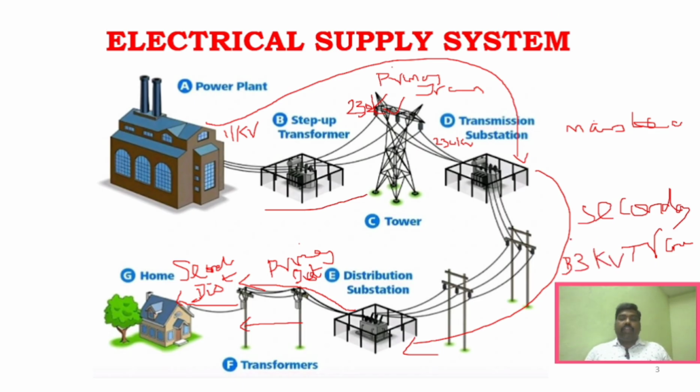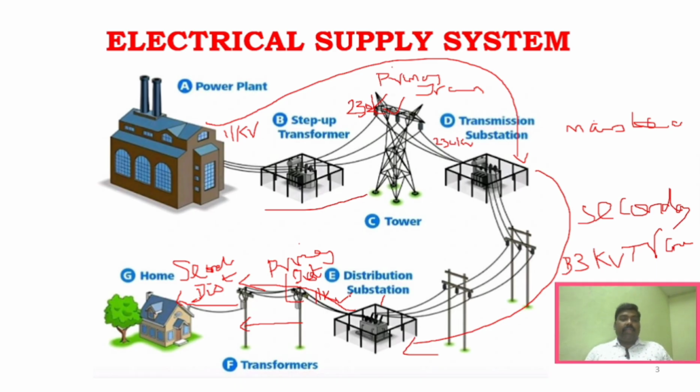Right? And this 33 kilovolt reaches the substation, and again here there will be a step down transformer which converts this 33 kilovolt into 11 kilovolt, right? When it reaches the primary distributors, it will be 11 kilovolt, and there will be a number of primary distributors connected, and then it is sent to the consumers, right? It will be sent to another transformer which is near the street, near the home, the substreets, right?